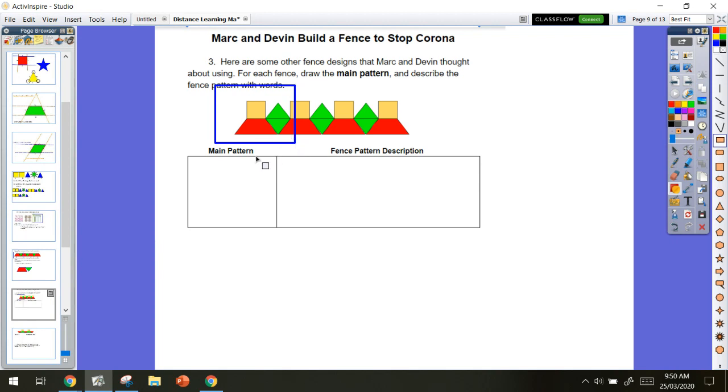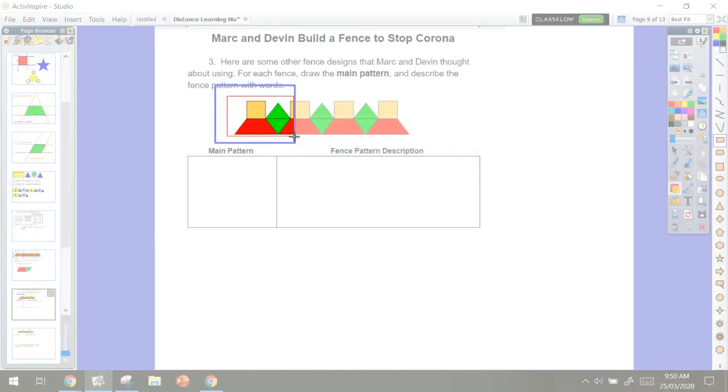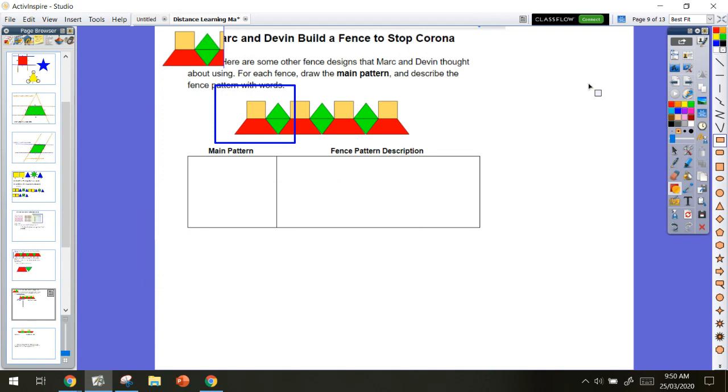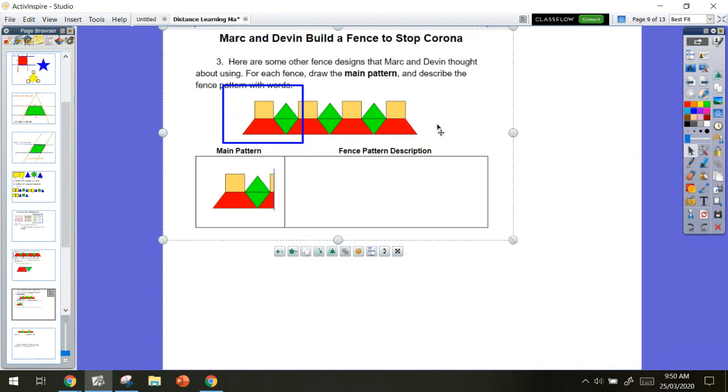If I was to take this, this is the main pattern, because we have this again and again and again. Is that correct? Yeah.